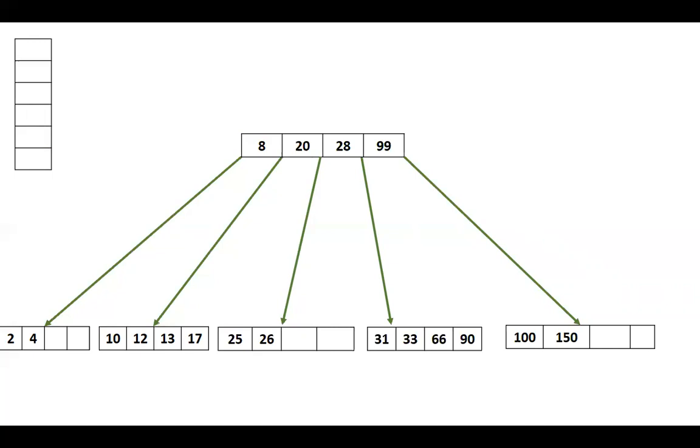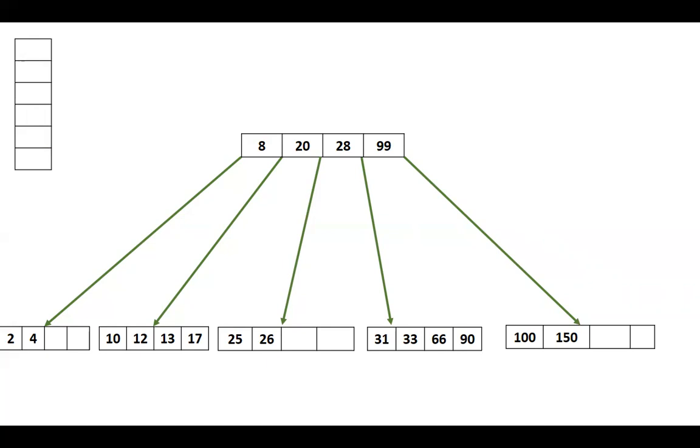In case one, what you do? You check whether its left sibling has an extra key. If the left sibling has an extra key, you borrow a key from the left sibling through your root, right? So whenever you're borrowing from the left sibling, you always borrow the maximum key. So the maximum key moves to the root level and the root value will come down to the node where the key is deleted.